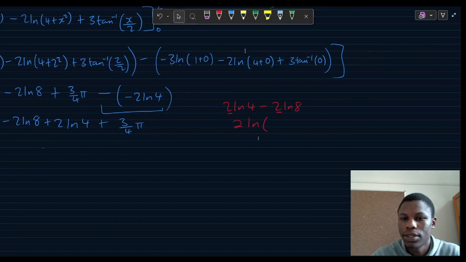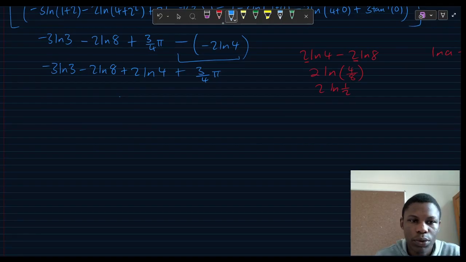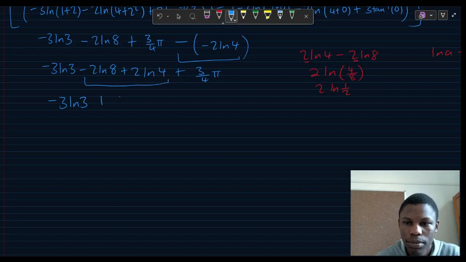This uses ln a minus ln b is ln a over b. So that becomes 2 ln 4 over 8, or 2 ln 1 over 2. And so now we've got negative 3 ln 3, and this we have combined to positive 2 ln half plus 3 over 4 pi.